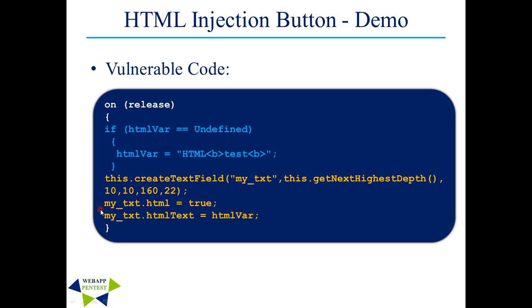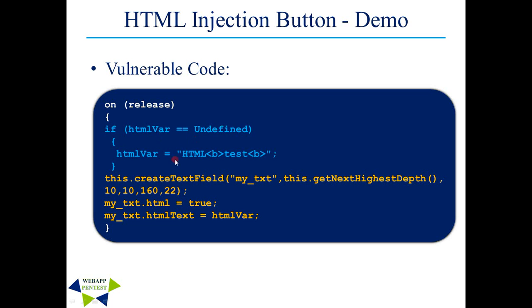The third line, my_txt.html equal to true, will make my_txt process the HTML content. And finally, my_txt.htmlText is used to assign the HTML content to my_txt.